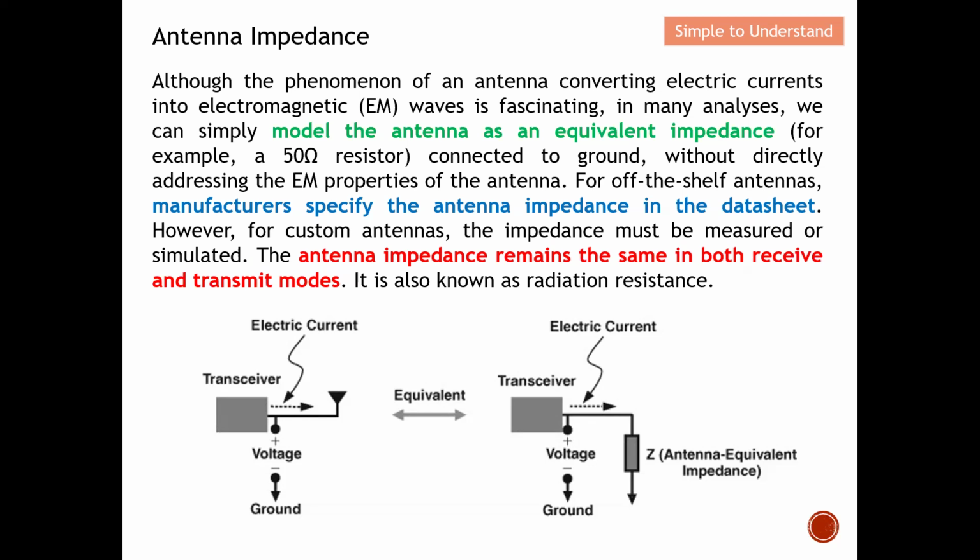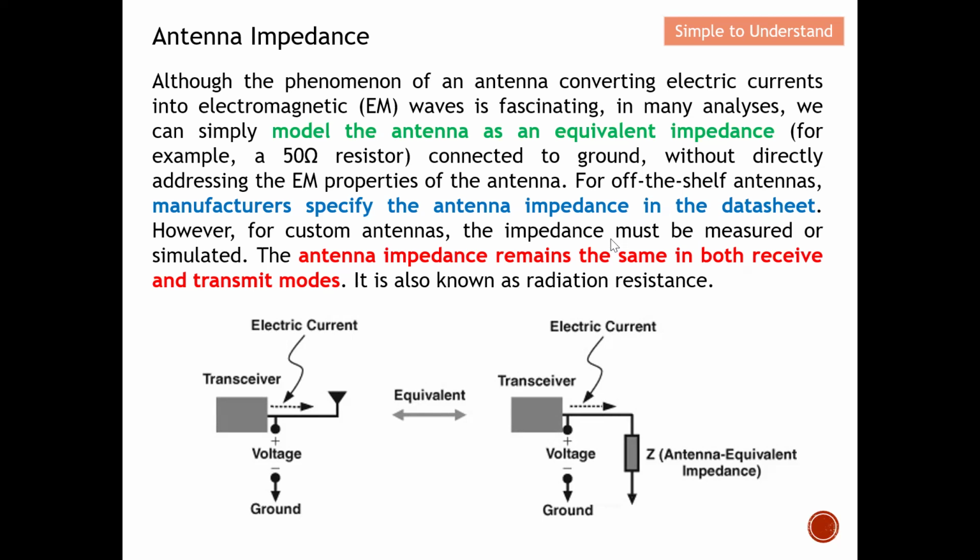Therefore, we need to do a comprehensive measurement or at least simulate the outcome of the impedance for the antenna. The antenna impedance remains the same in both receive and transmit mode. Nowadays we have transceivers, which means they are capable of transmitting and also receiving. Hence, the antenna impedance is the same, whether in receive mode or transmit mode.